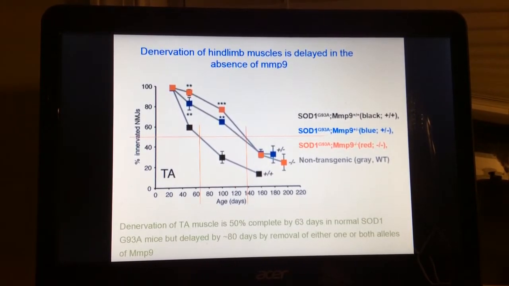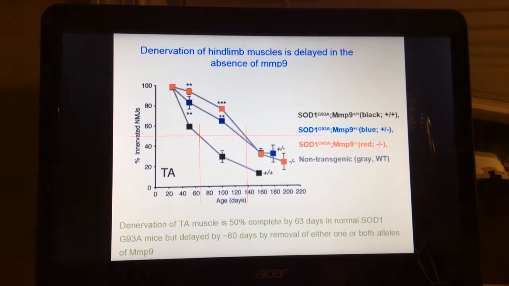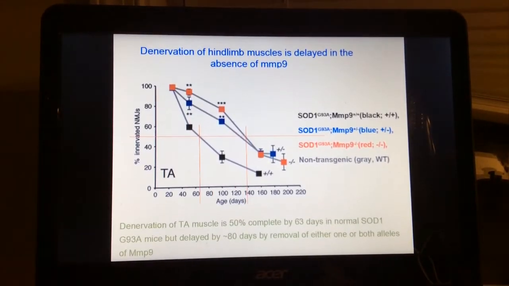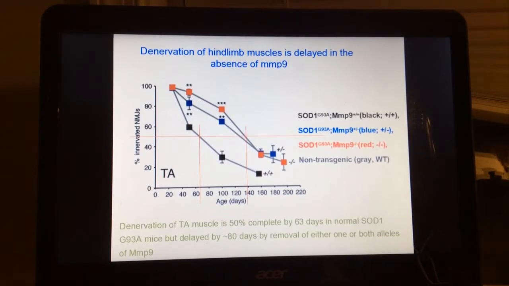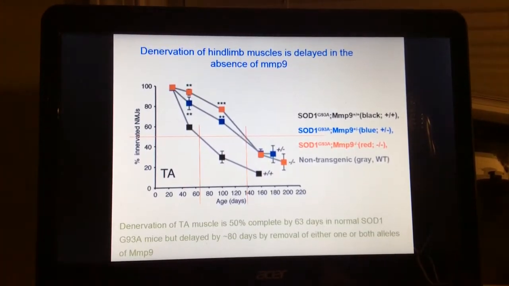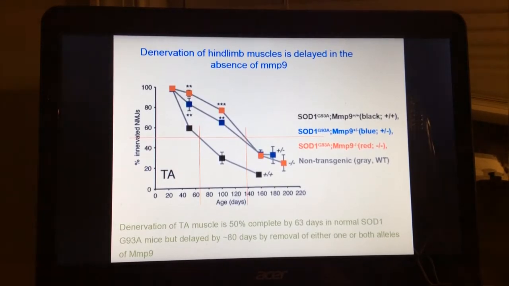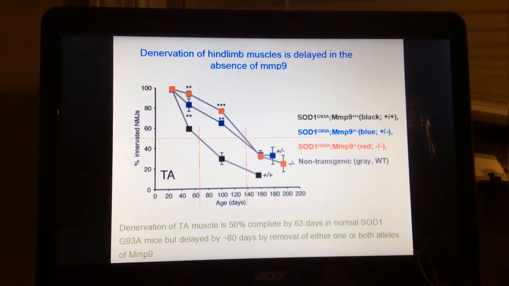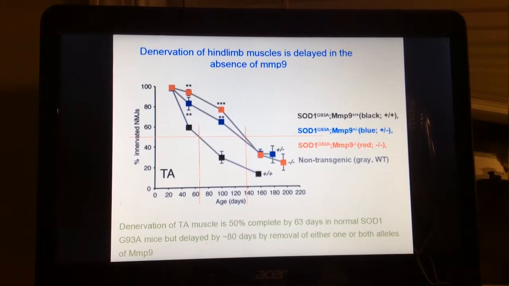So these mice have clinical manifestation and exhibit pathology similar to human ALS. They crossed MMP9 negative mice and SOD1 G93A mice to make the mice more disease resistant.